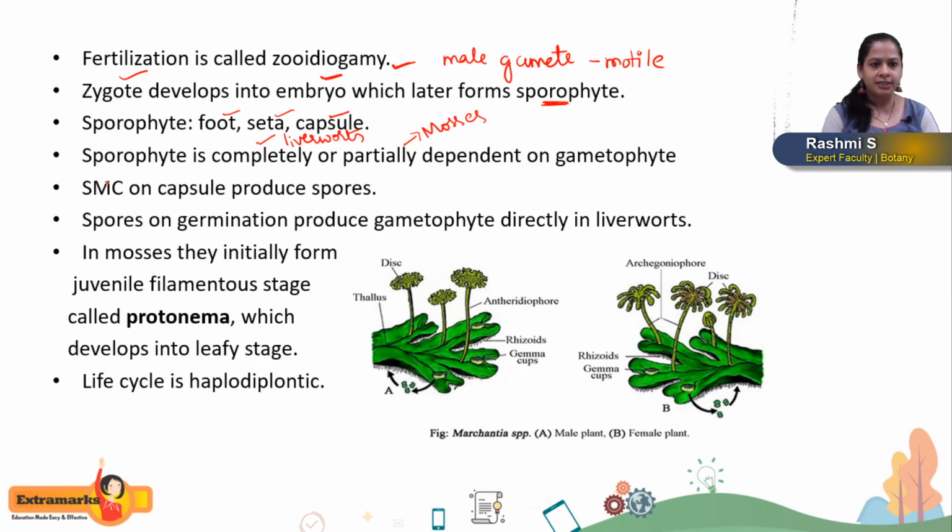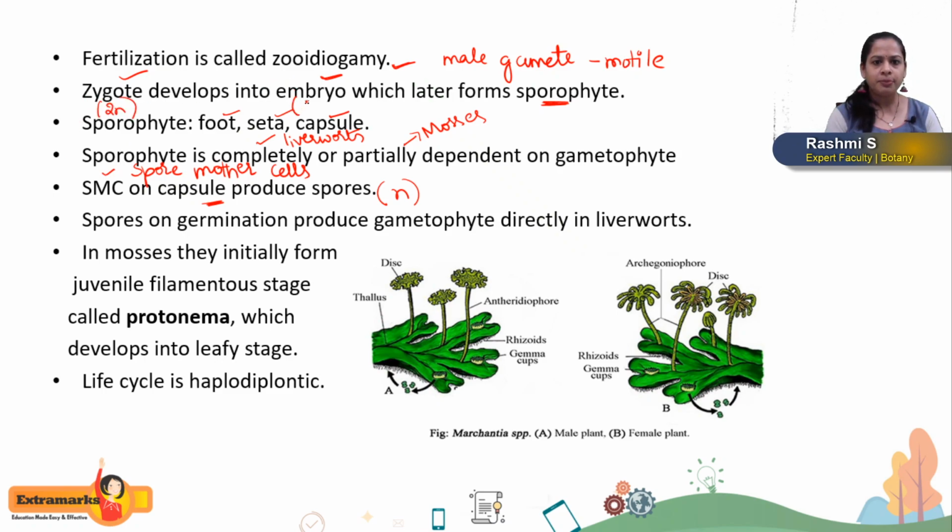In the sporophyte, there are spore mother cells. Inside the small structure that we have seen, there are spore mother cells. These spore mother cells present in the capsule of the sporophyte produce spores upon meiosis, which are haploid. After fertilization, the zygote develops into an embryo, and the zygote is 2n.